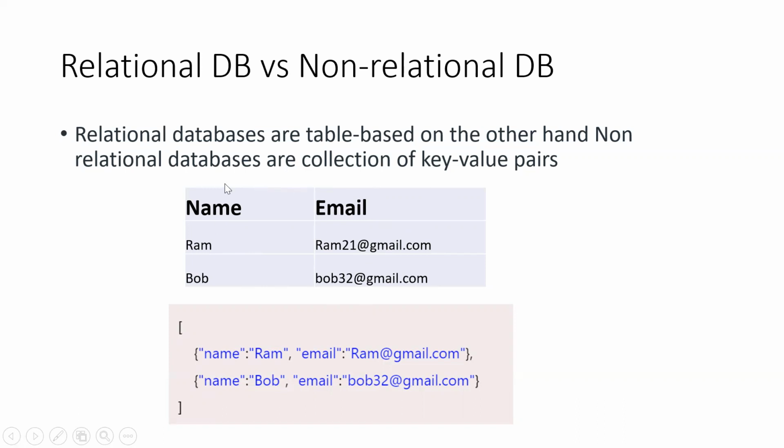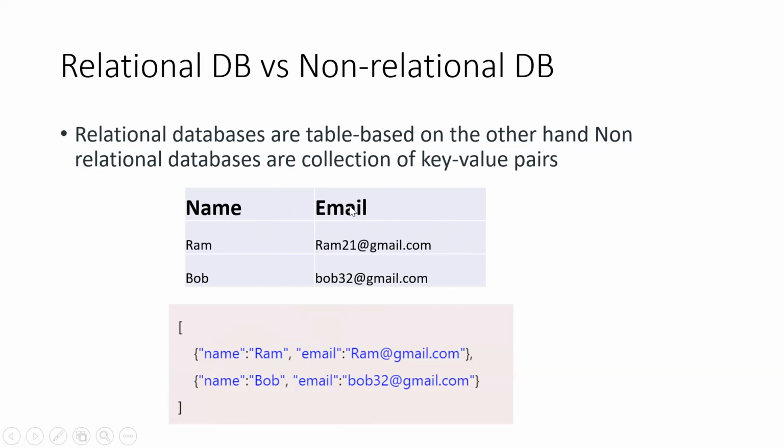But just to have in your mind, a relational database should have a table-based structure, and the non-relational database should look like this. It should have key value pairs. Okay, it is not maintaining any structure. So, for a relational database, we need to create the columns first, then insert. But suppose I need to introduce a new column, suppose date of birth of the particular employee.